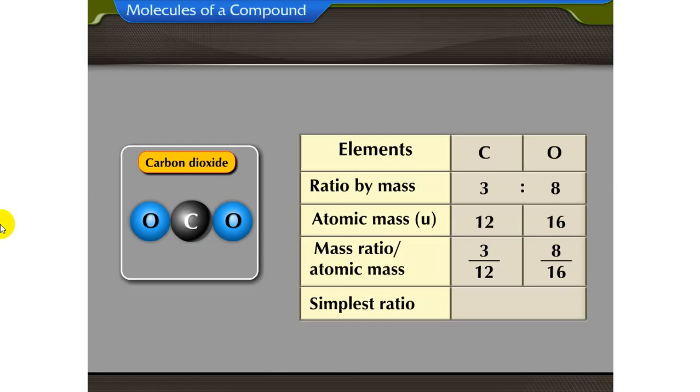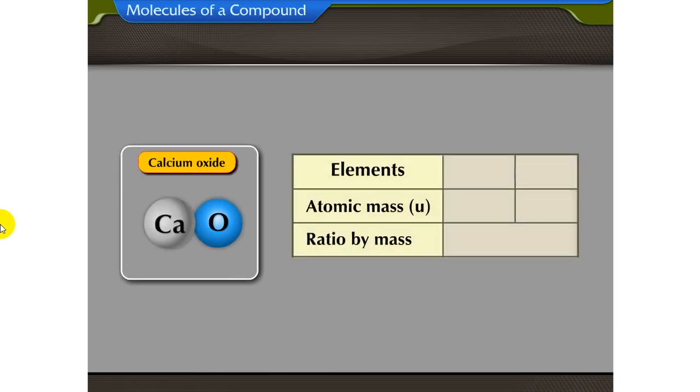Therefore, the simplest ratio of combining atoms is 1:2. In the ionic compound calcium oxide, the combining elements are calcium and oxygen. The atomic mass of calcium is 40 and that of oxygen is 16. Thus, the simplest ratio by mass of the combining ions is 5:2.